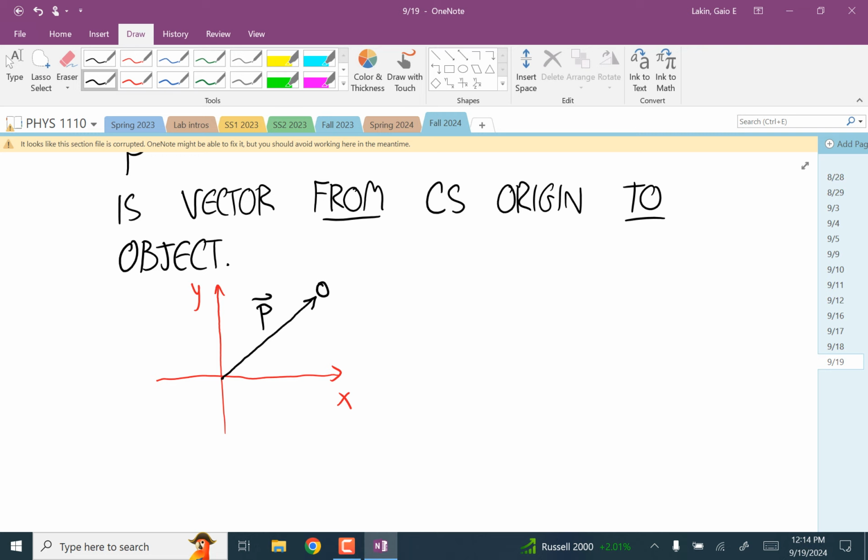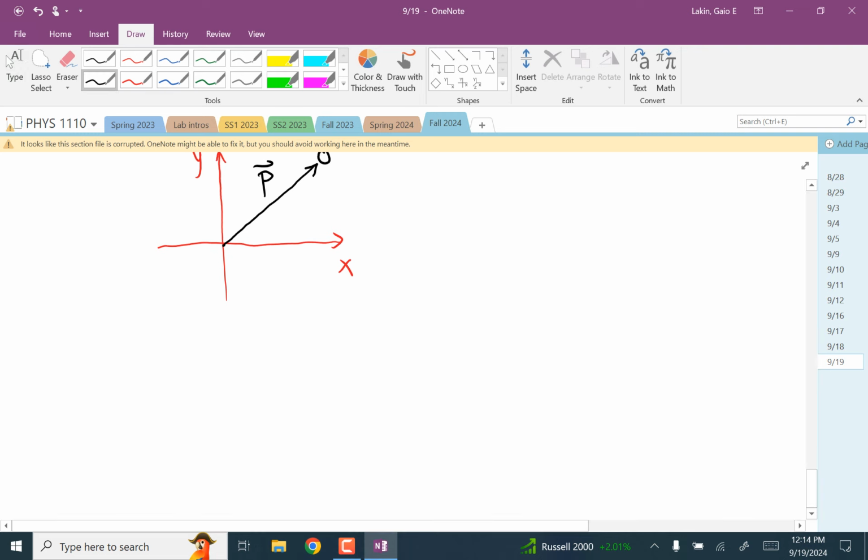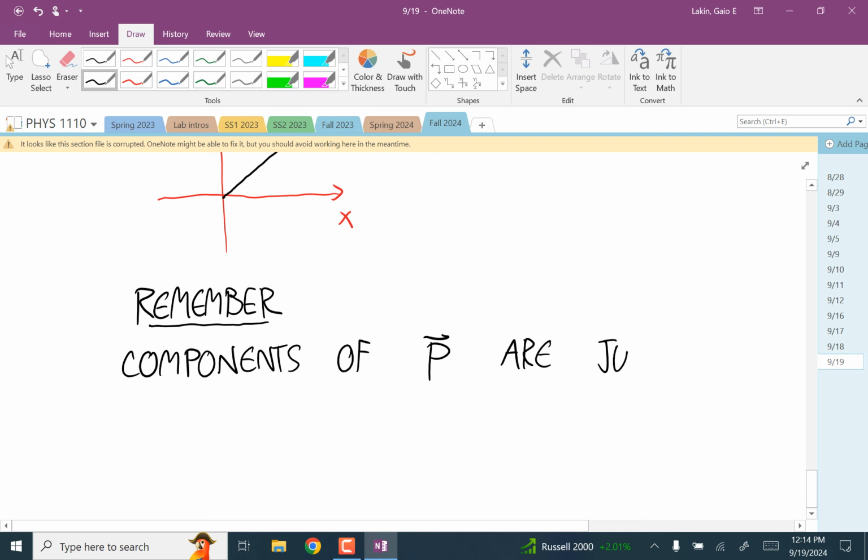And the easiest way to think of the position vector is this. So remember this. The components of the position vector are just the coordinates of the object.